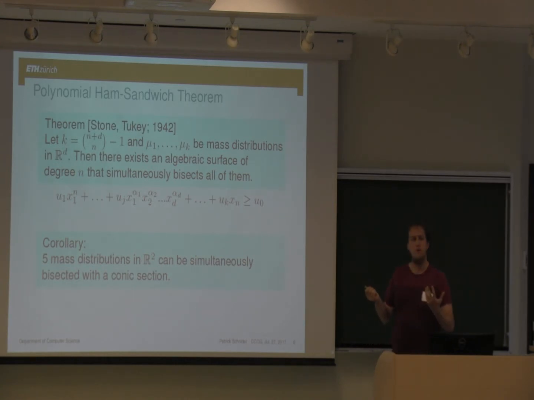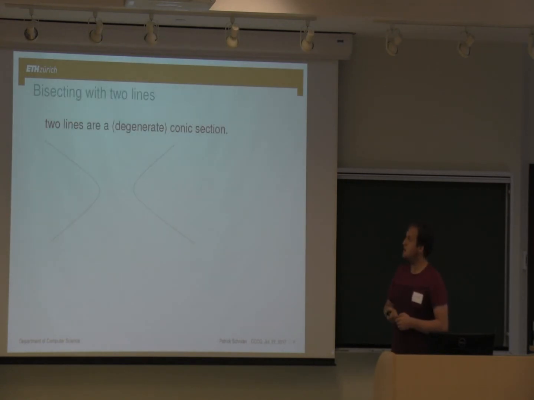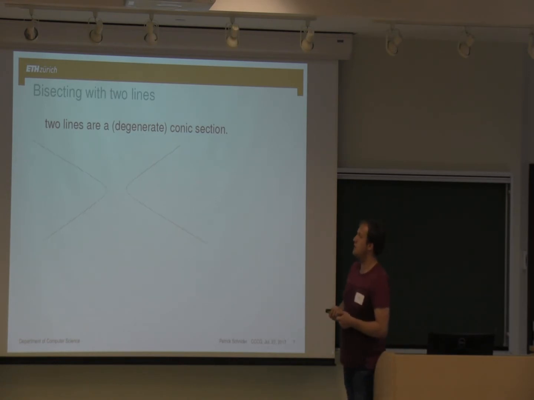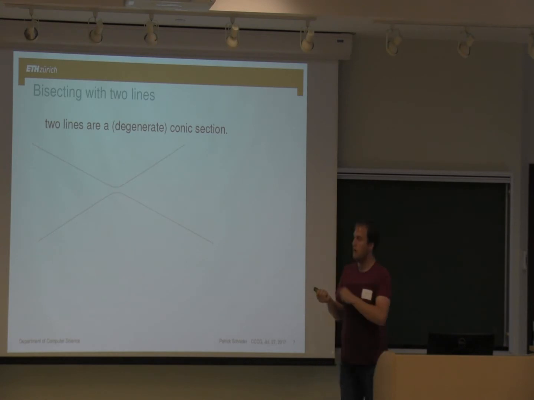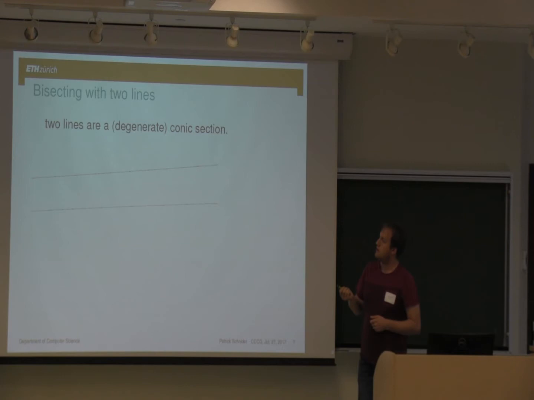Okay, but now we want to have 2 lines. But actually, 2 lines are a conic section. Just a very degenerate one, but when can a conic section be 2 lines? Well, it's just at the boundary, at the point where a hyperbola changes to an ellipse.